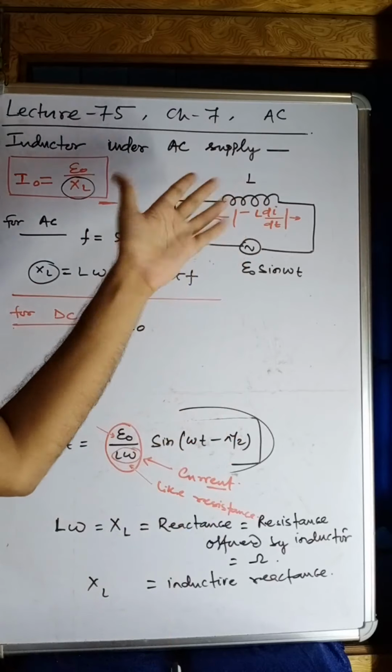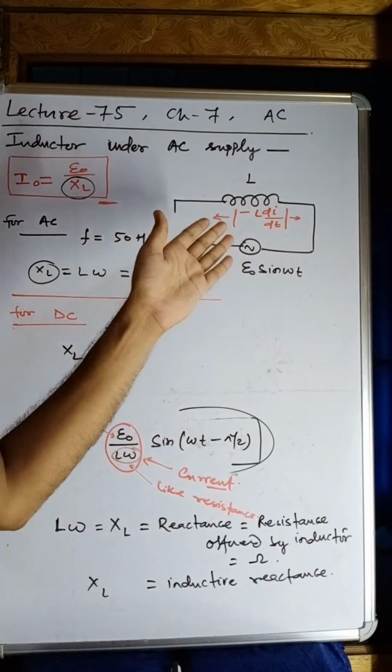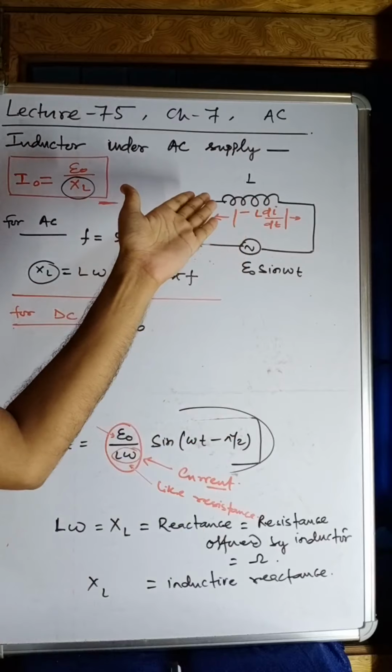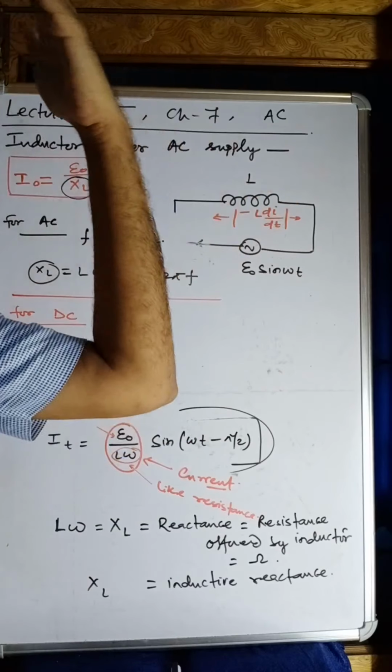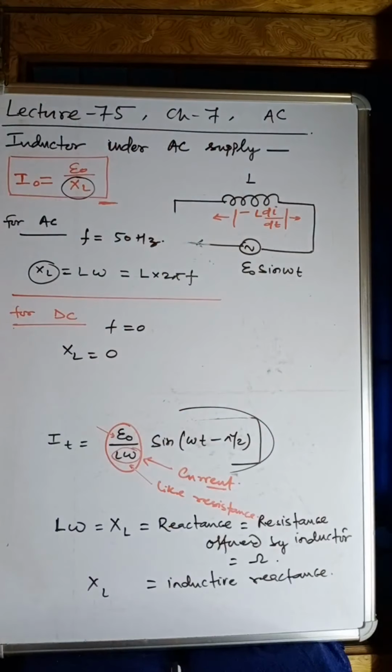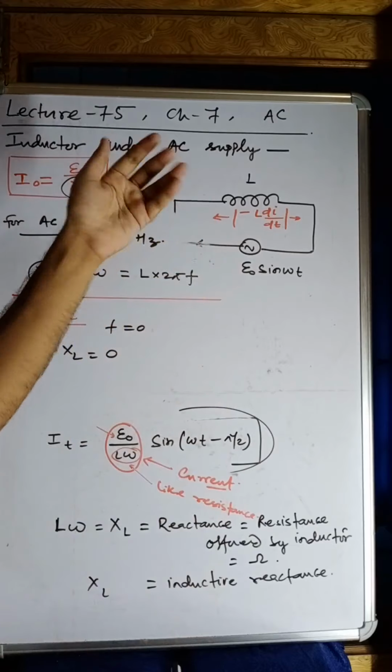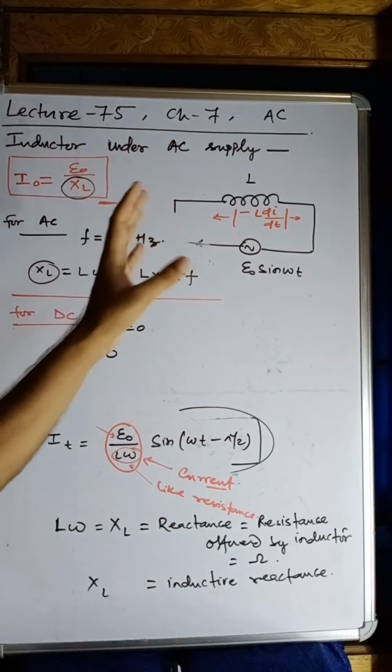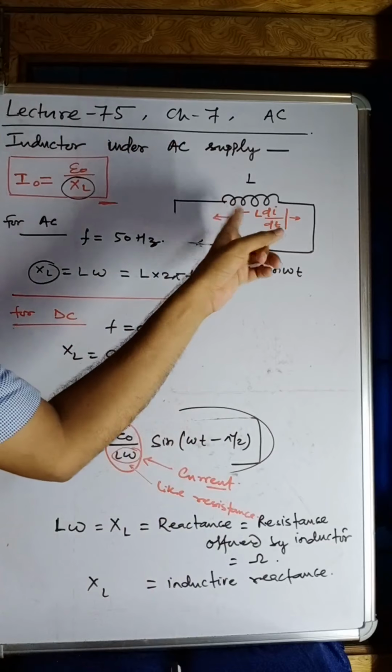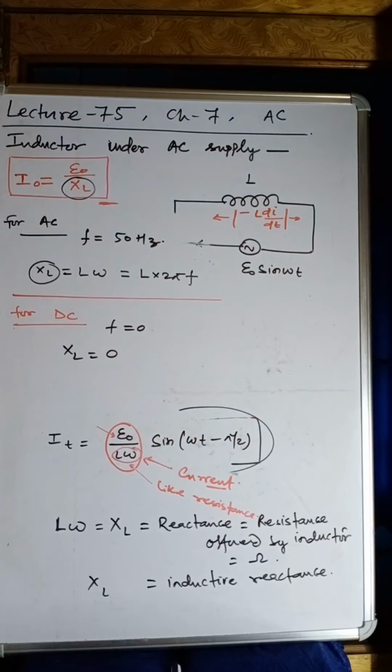It will not obstruct or stop the current. If the current is coming, the maximum current will flow through the inductor without any hindrance. So it does not block the DC current. It easily allows the DC current to flow through it, but it always blocks the AC current, remember.